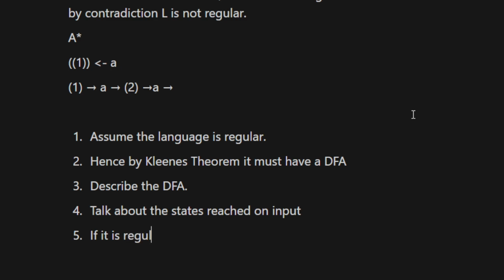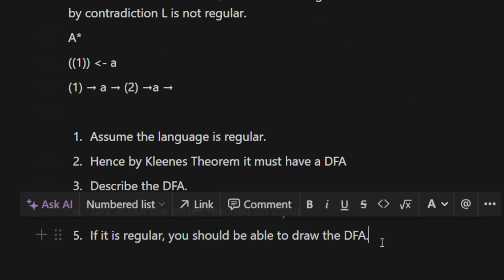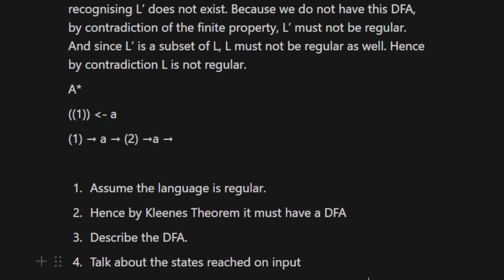If it is regular, you should be able to draw it. You should be able to draw the DFA. I don't think they'll ask something that's really, really complex. So you should be able to draw out the DFA once you've described it. And since the DFA exists and it recognizes the language, then the language is regular, and that would be due to Kleene's theorem.